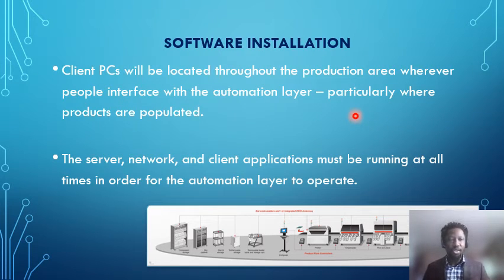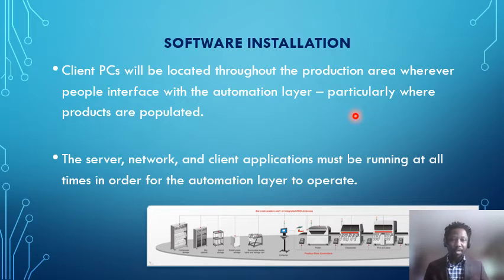Software installation. The client PC will be located throughout the production areas, wherever people interface with the automation layer. One client PC or laptop is required for each additional location where the automation operation interface will be running, and it must be connected to the same network as the PC server, particularly where products are populated.